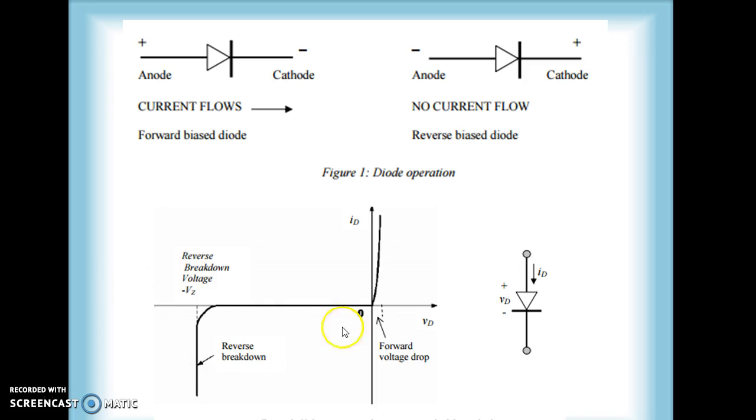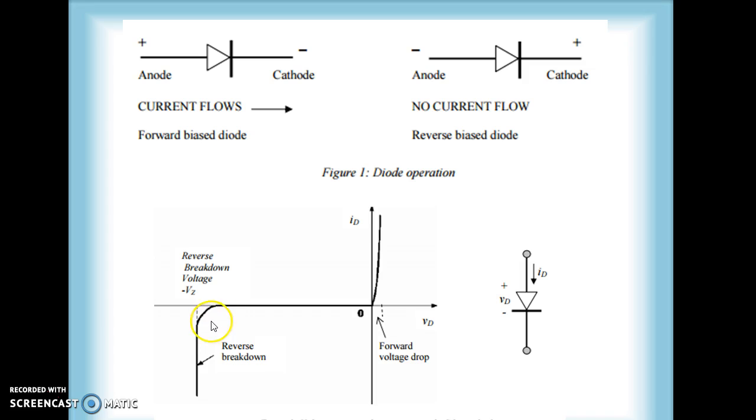However, in the reverse bias condition, if we start to increase the voltage in the reverse direction, no current will flow because the diode is reverse biased. Some current flows due to the thermally generated minority charge carriers, but this current is of the order of nanoamperes, so practically it is not useful.